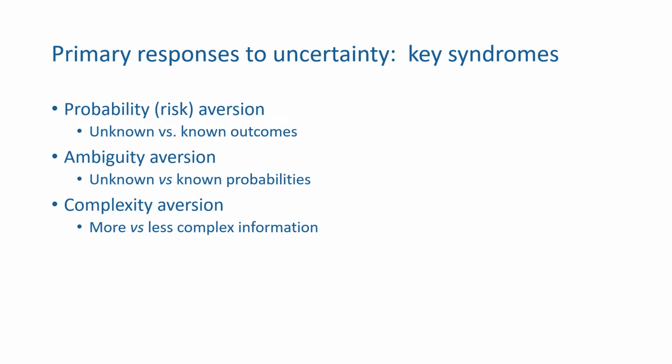Primary responses to uncertainty consist of three main syndromes that correspond to the three main types of uncertainty. Aversion to probability, or risk, consists of negative psychological responses to unknown outcomes. Aversion to ambiguity consists of negative responses to unknown versus known probabilities of outcomes. Complexity aversion consists of negative responses to more versus less complex information.